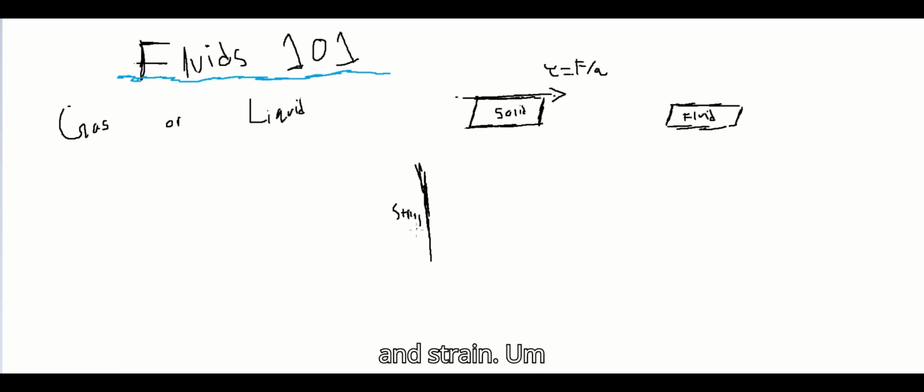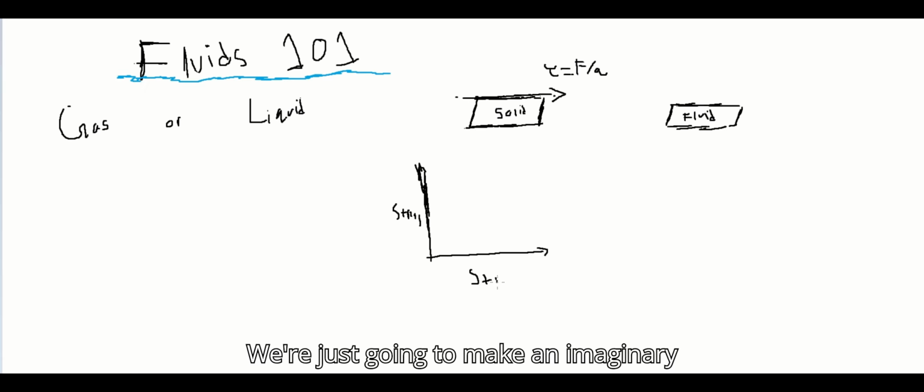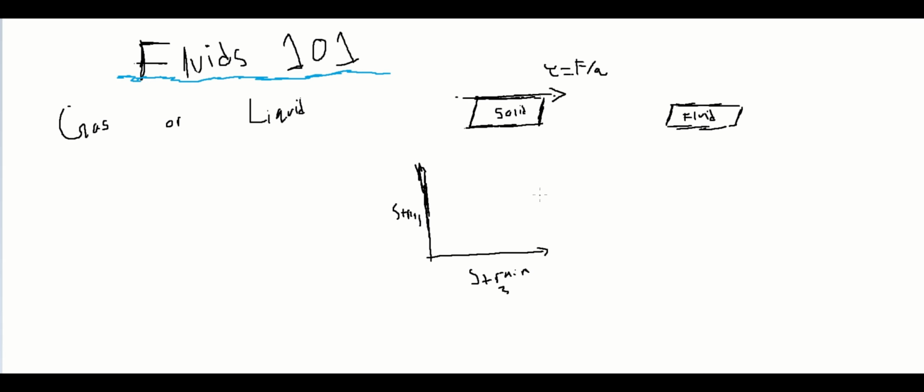So if we take a look at stress and strain, this is the stress strain curve. We're just going to make an imaginary curve. Strain is a measure of the deformity, and that is defined by the change in length over the original length, right?